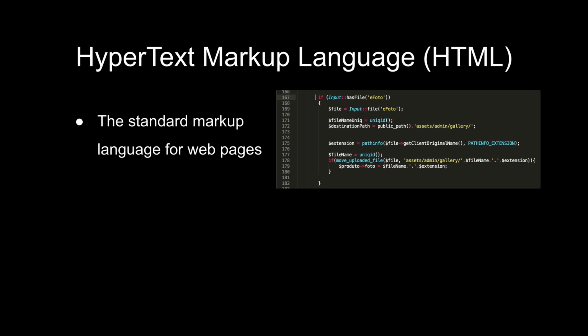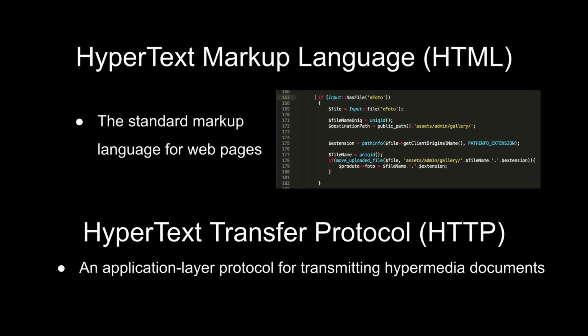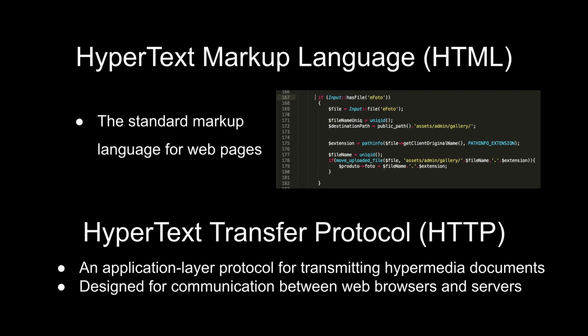Most web pages use HTML to run on web browsers. Web browsers use Hypertext Transfer Protocol, also known as HTTP, to interpret web pages. HTTP is an application layer protocol for transmitting hypermedia documents, such as HTML. It was designed for communication between web browsers and web servers, but it can also be used for other purposes.